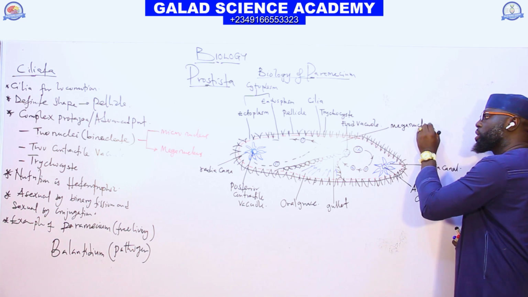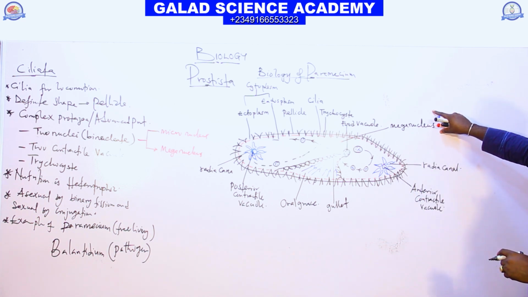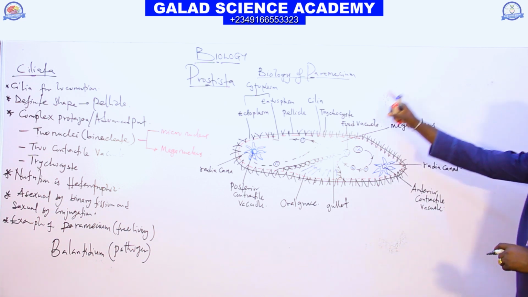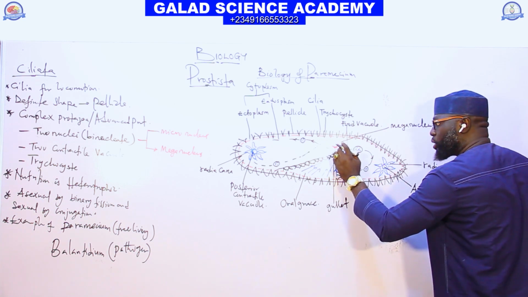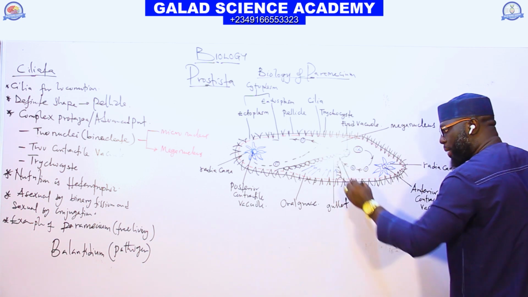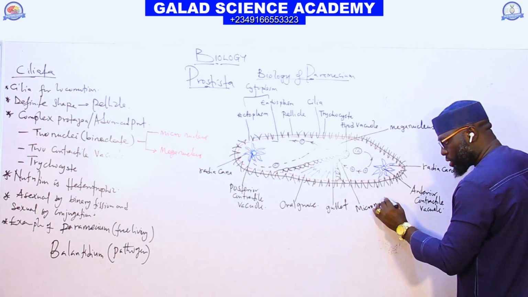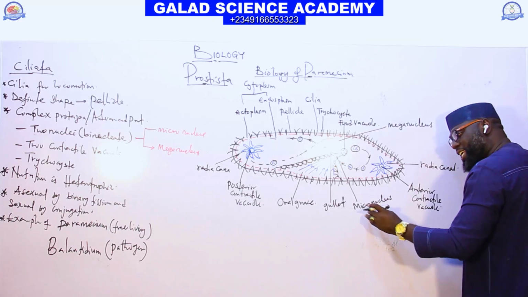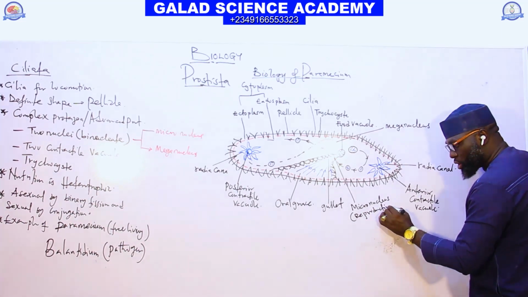The meganucleus in Paramecium controls all the activity of the Paramecium. And this small one, we call it micronucleus. This small nucleus, the micronucleus here, is the nucleus that is used for reproduction.